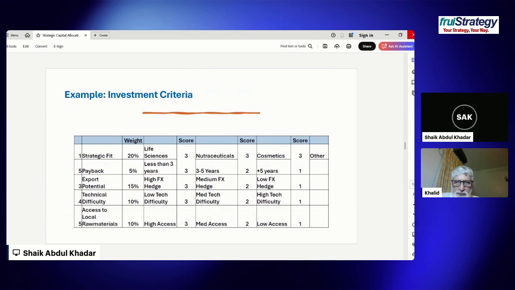So 3 years, 3 to 5 years, I've given a score of 2, and plus 5 years, I've given a score of 1. Similarly, export potential and technical difficulty, so they have a different scoring, 3, 2, 1. And for high access for raw material, the score is 3. So this is one way of doing a weighted analysis of different projects.